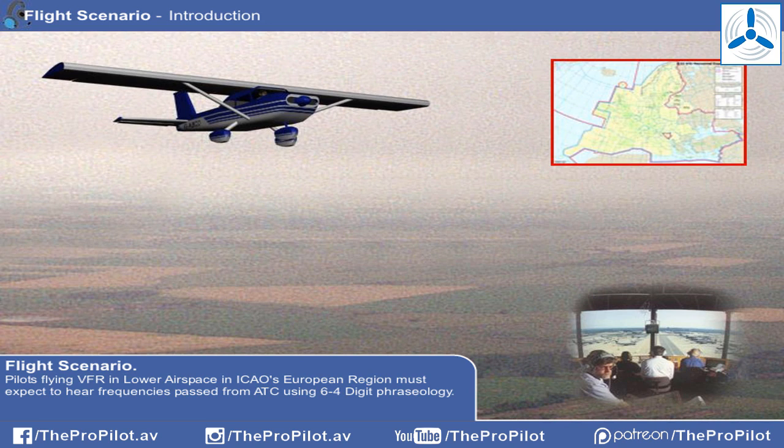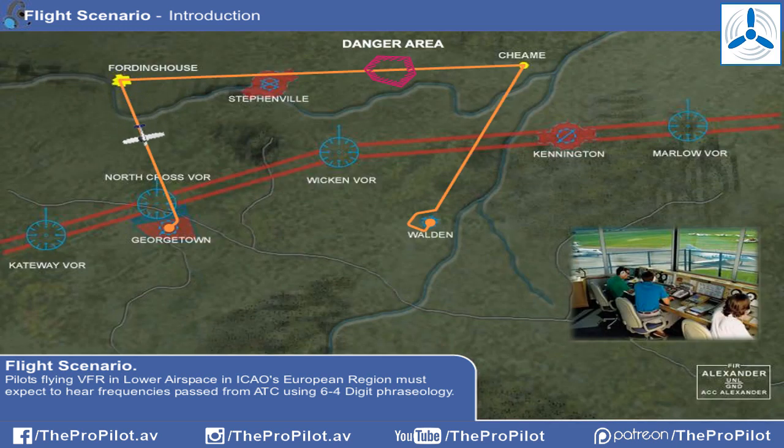Where there is a read-back requirement, frequencies must also, of course, be read back using the 6/4-digit procedure. So, if you fly in Europe, or if you simply wish to practice the 6/4-digit procedure just in case, you should choose version 2 of the flight scenario.